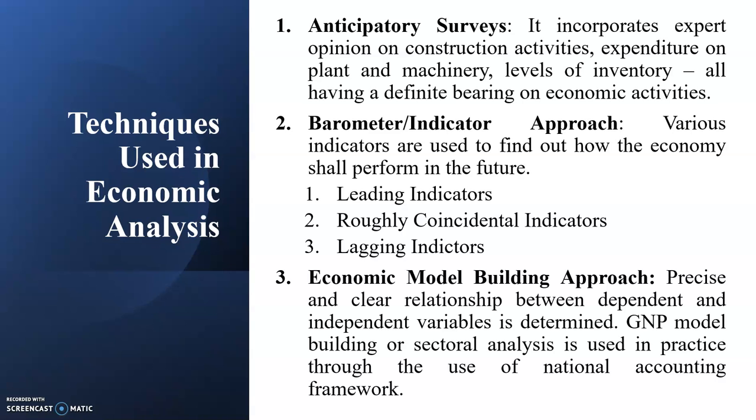Next, we have the barometric or indicator approach. This is a sort of economic forecasting, in which various types of indicators are studied to find out how the economy is going to perform in the future. These indicators are based on time series data of certain economic variables.